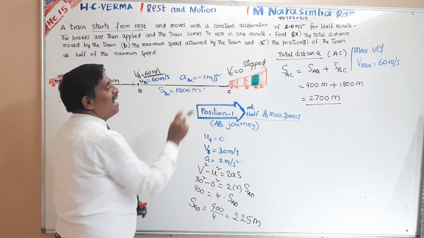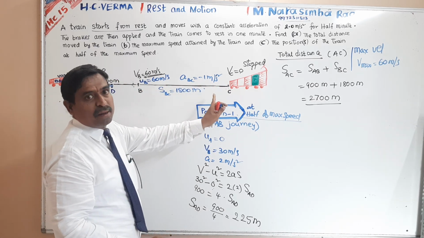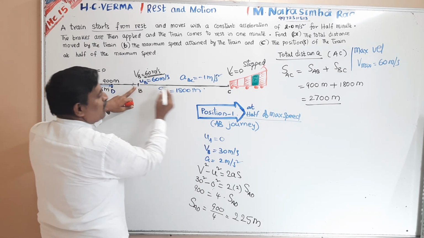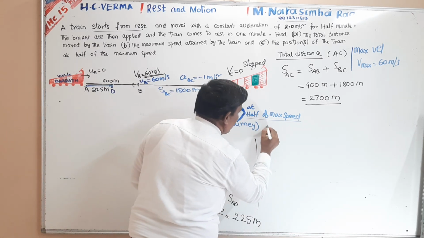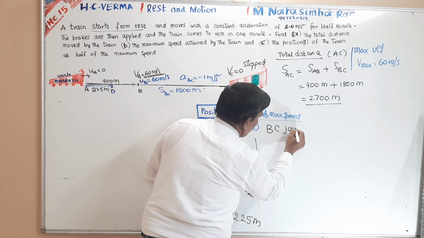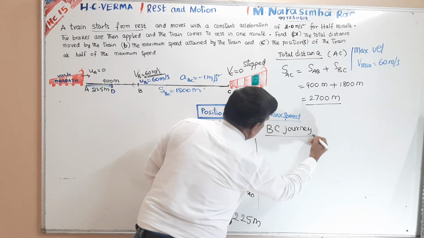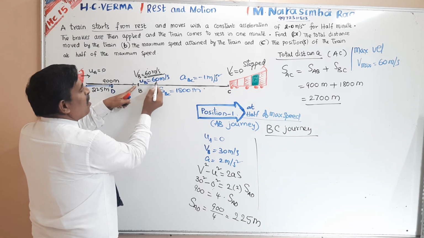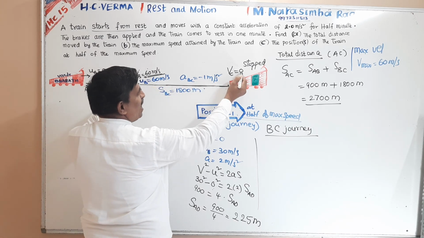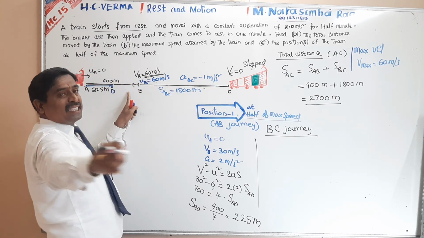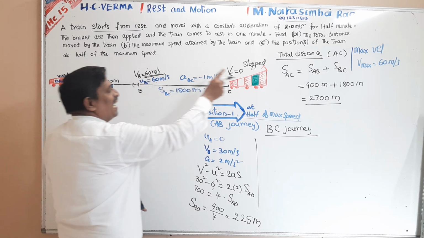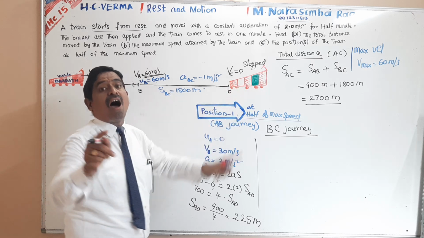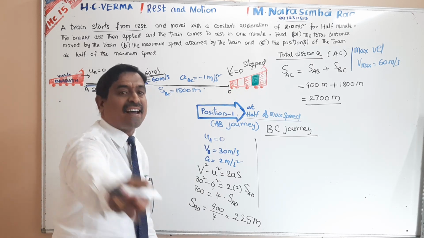Next, BC journey. Now please listen here, I am talking about the BC journey. Starting velocity 60, final velocity 0, half of the maximum speed means 30.